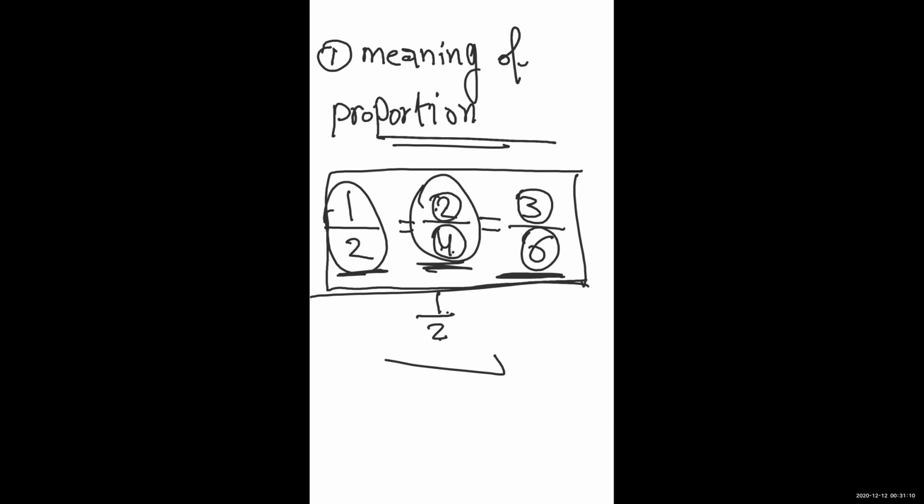We said that proportion is equality of two or more ratios. Let's check some examples. If there are numbers inside one table like this, let me draw it exactly like the question.